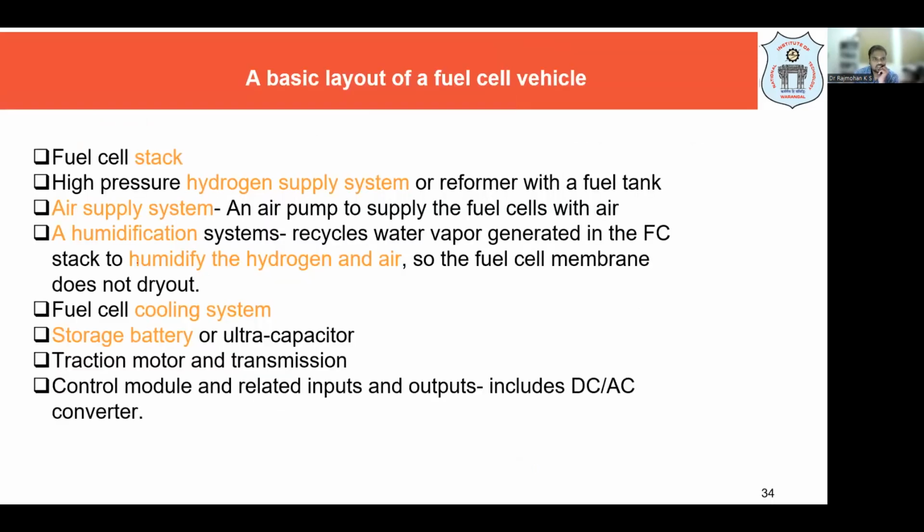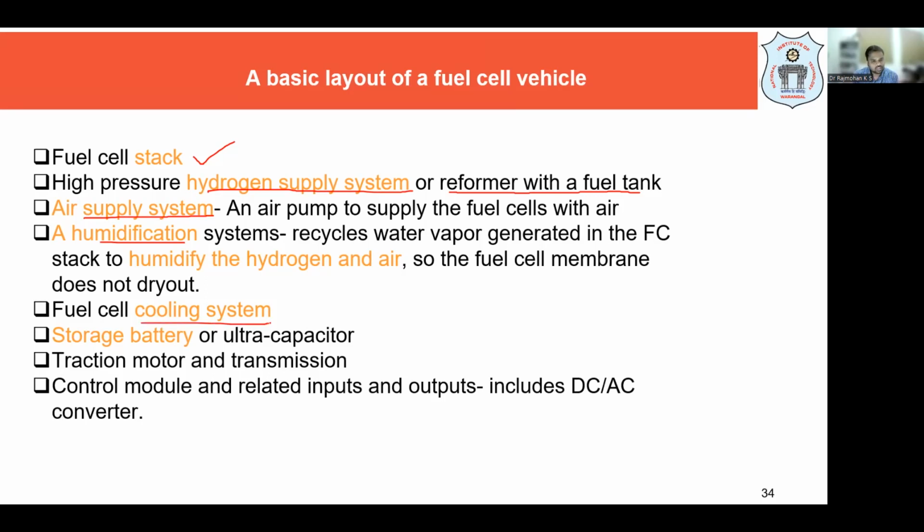Any fuel cell vehicle will have the following components. It will have a fuel cell stack, obviously a number of fuel cells arranged in series. Then you need a hydrogen supply system, or if it is hydrocarbon, a reformer with a fuel tank. We need an air supply system with a filter, and proper humidity should be there, so a humidification chamber should be there.